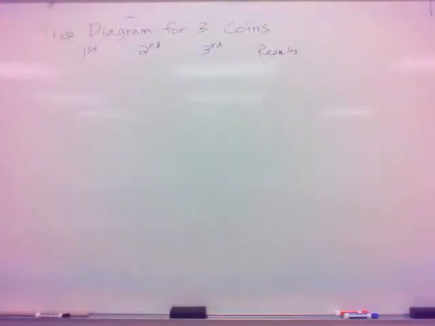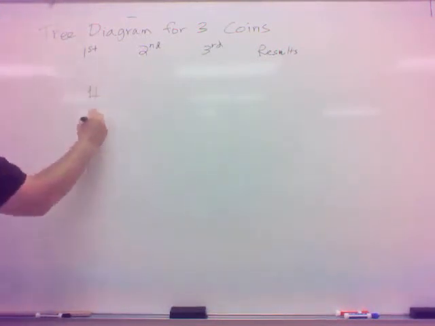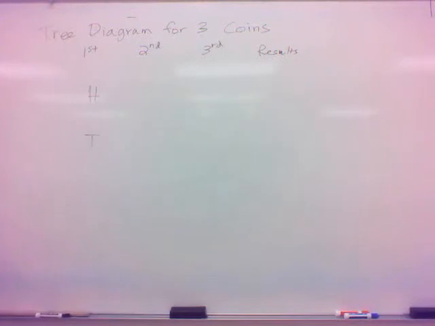Okay, so we start with the first coin, and the first coin could either be heads or tails, right? So I'm going to space those out a little bit, heads or tails, because what I'm then going to do is branch off to the second coin. If the first coin is heads, then the second coin could be either heads or tails again, right?